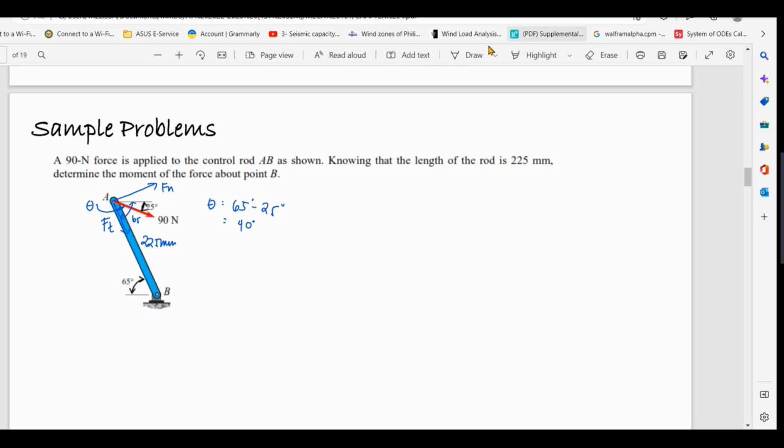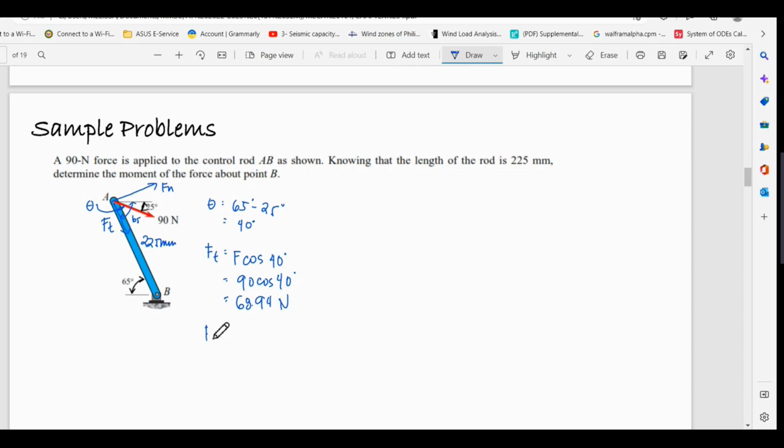So, our FT is equal to F, yung F natin, 90 Newton, cosine of 40 degrees, or 90 cosine 40. And that is equal to 68.94 Newton.